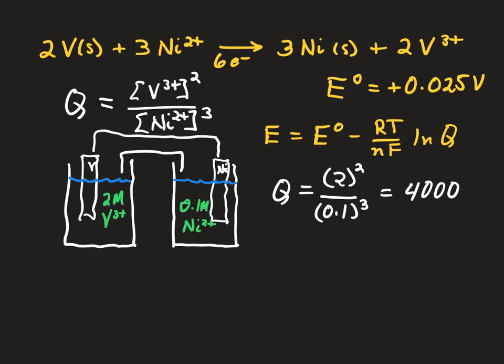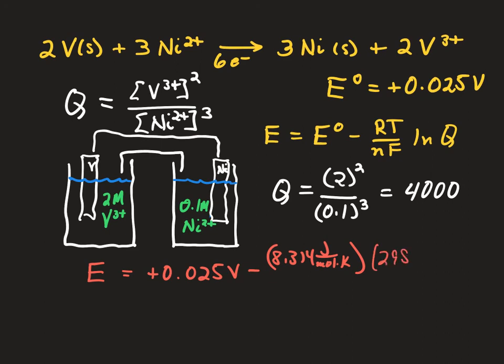And so now we can substitute in. Our overall potential under non-standard conditions is going to be equal to our E0, which is plus 0.025 volts, minus R, which is 8.314 joules per mole Kelvin, times 298.15 Kelvin, divided by n, which is our 6 moles of electrons in our balanced equation, and F, which is 96,485 coulombs per mole of electrons.